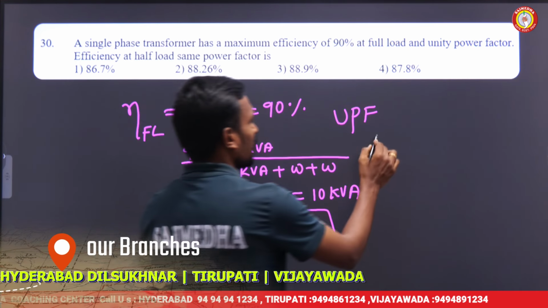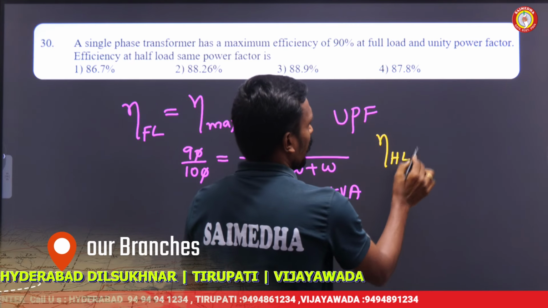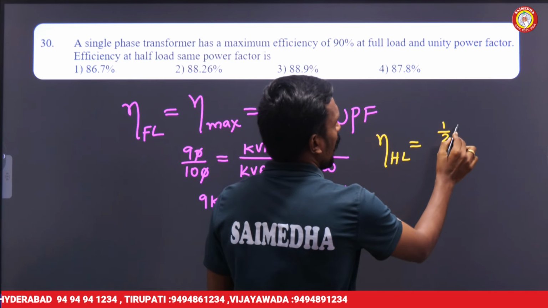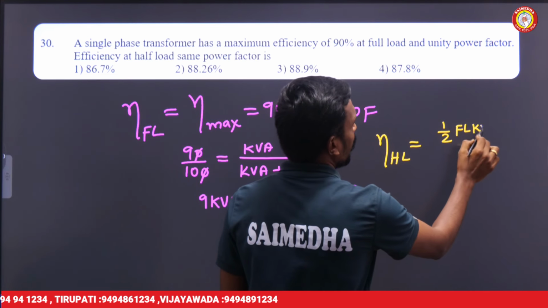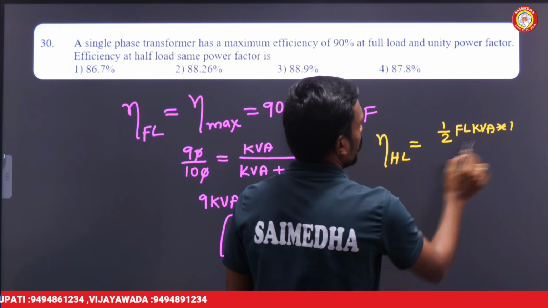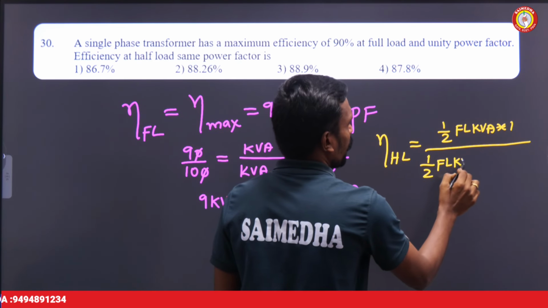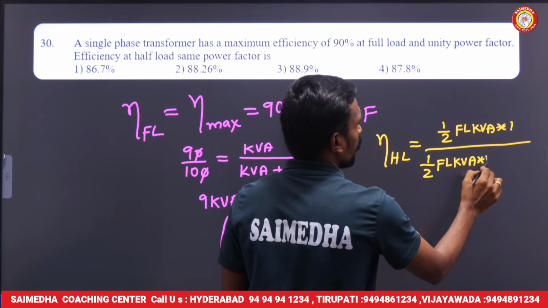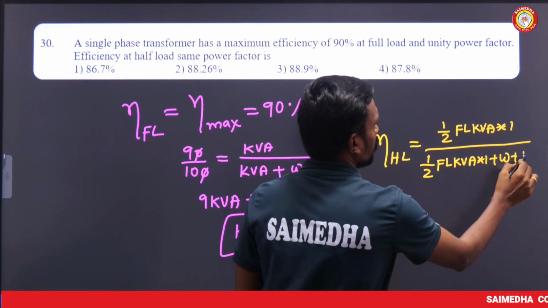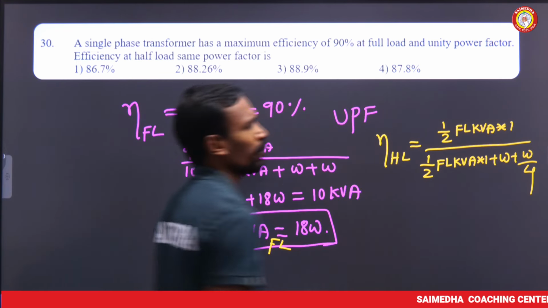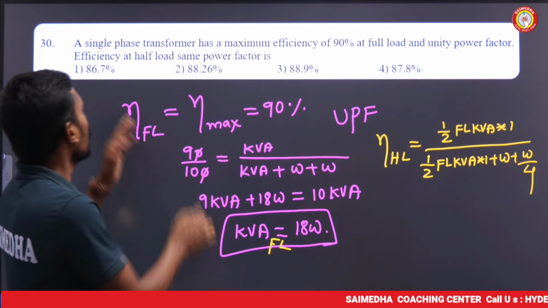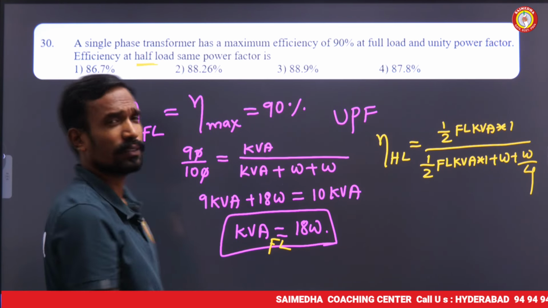Now let's calculate the efficiency at half load. Efficiency at half load is equal to half of the full load kVA into power factor, divided by half of the full load kVA into power factor plus iron losses plus copper losses by 4. Why by 4? Because they are asking at half load.